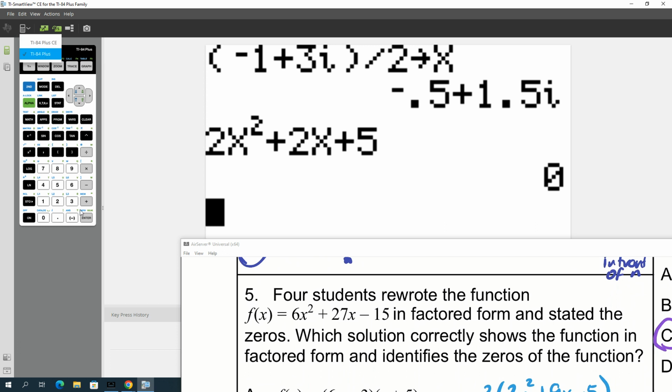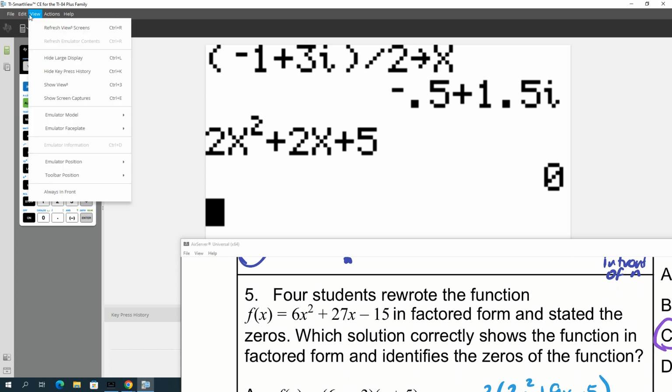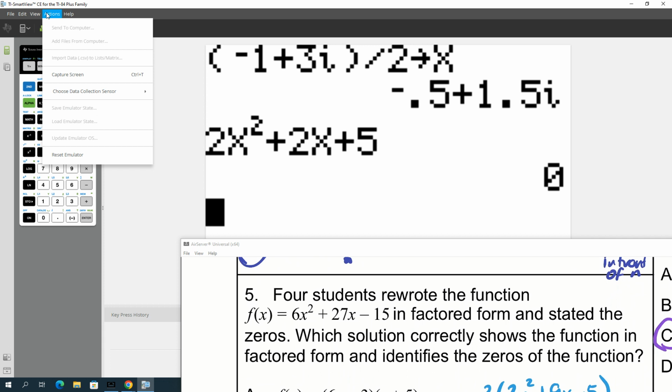I'm going to try to figure out this calculator. Okay. What's happening?